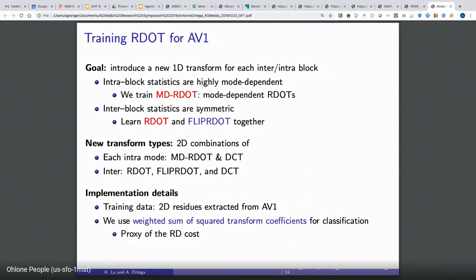And for inter blocks, we realized that there's a lot of asymmetry in the error signals, the residuals, and so we learned both one mode-dependent, RD-optimized transform and the flipped version. So we make those two as candidates, and these are used in combination with DCT. Training data are 2D residues from AV1, and we use an approximation of rate distortion to decide what gets sent to each of the groups in the process of training.